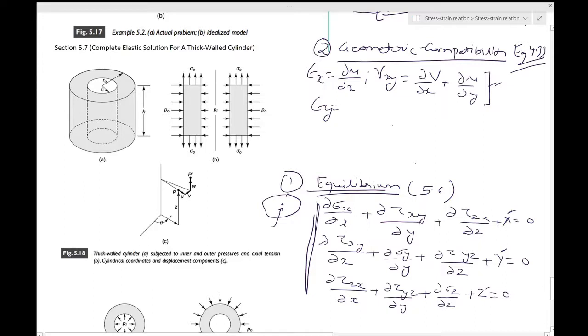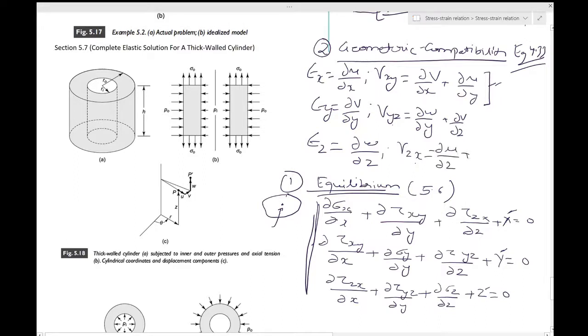So epsilon y is equal to dou v by dou y, and gamma yz is equal to dou w by dou y plus dou v by dou z, and epsilon z is equal to dou w by dou z. Gamma zx is equal to dou u by dou z plus dou w by dou x.